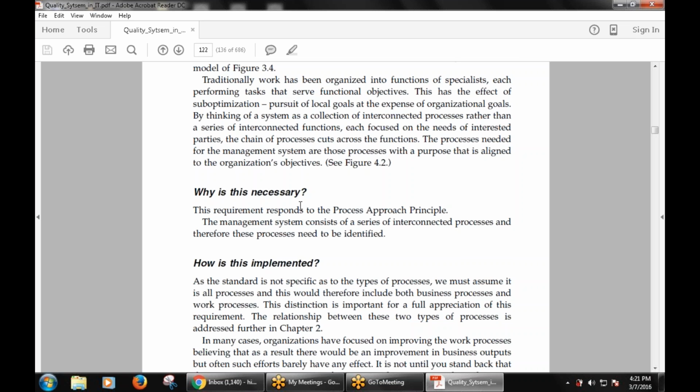The management system consists of a series of interconnected processes, and therefore these processes need to be identified, because what is a system? It is an interconnection of various processes. So it is mandatory to identify these processes. Now, how is it implemented?